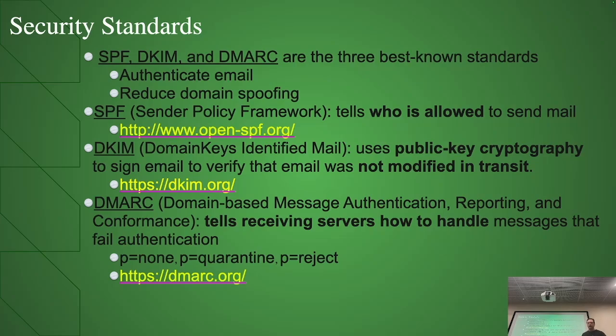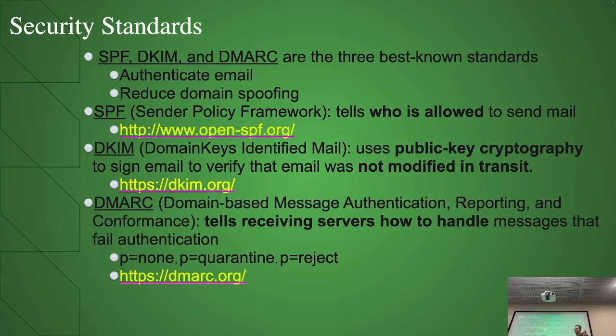DKIM, DomainKeys Identified Mail. I pointed it out earlier, didn't go too far into it, but this is the cryptographic public key process, where in the email there will be a key, that public key, and also a hash of the email. This email is going to go from hop to hop to hop.